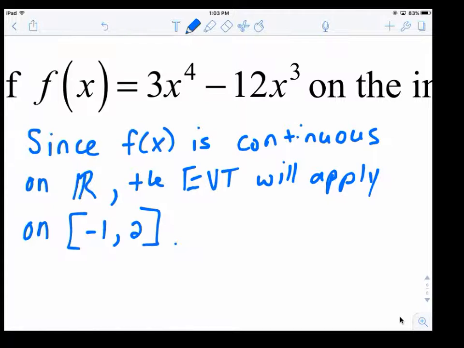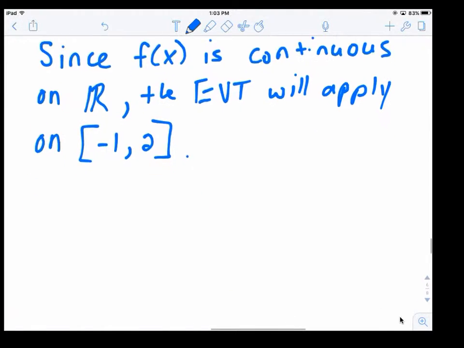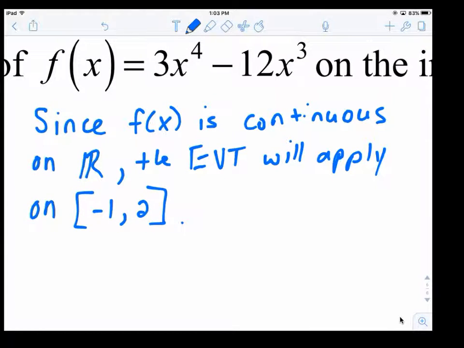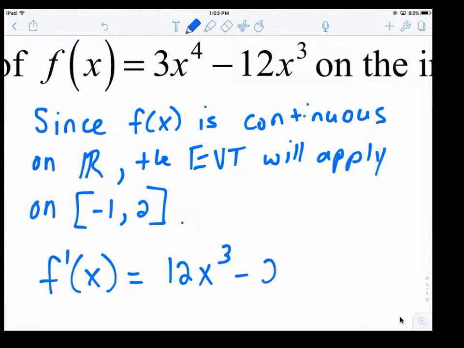All right, so we have to find now our critical values. So we have f prime of x, we know is 12x cubed minus 24x squared.